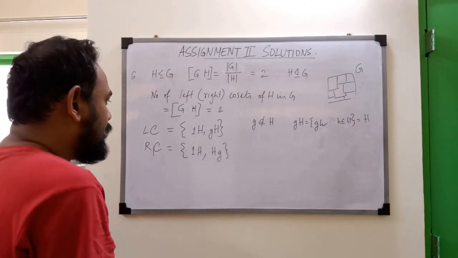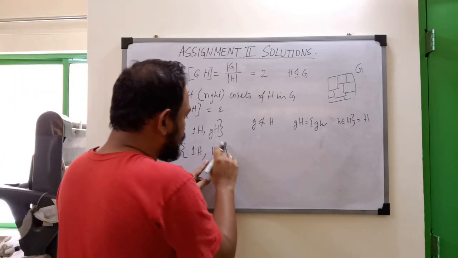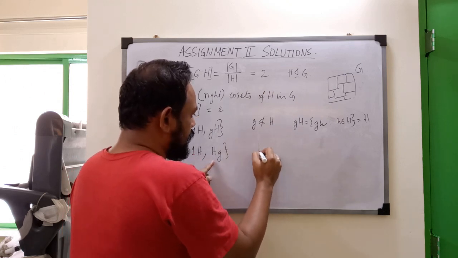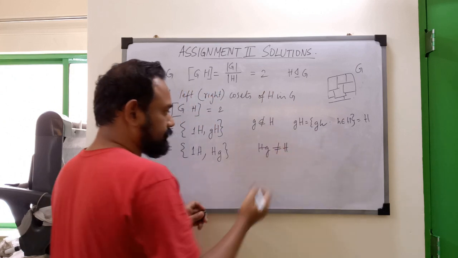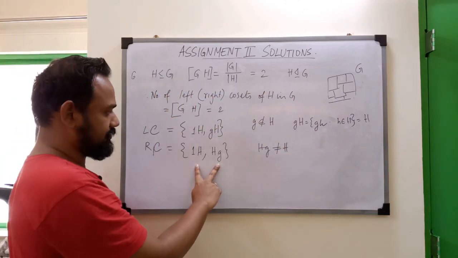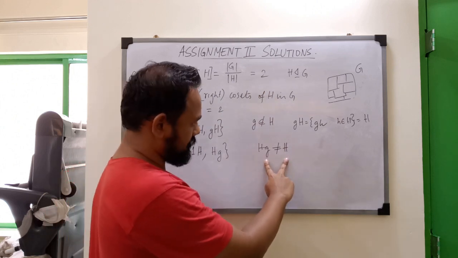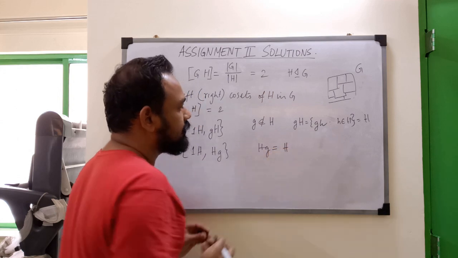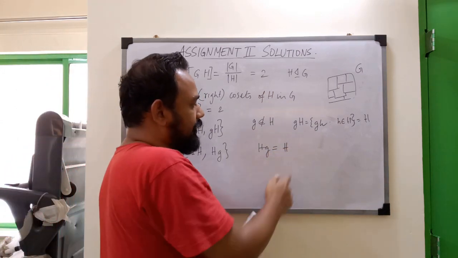By the same logic, if you look at HG, if G is not an element of H, then HG cannot be H. For example, if HG is H, then that would mean that G is an element of H. Why?